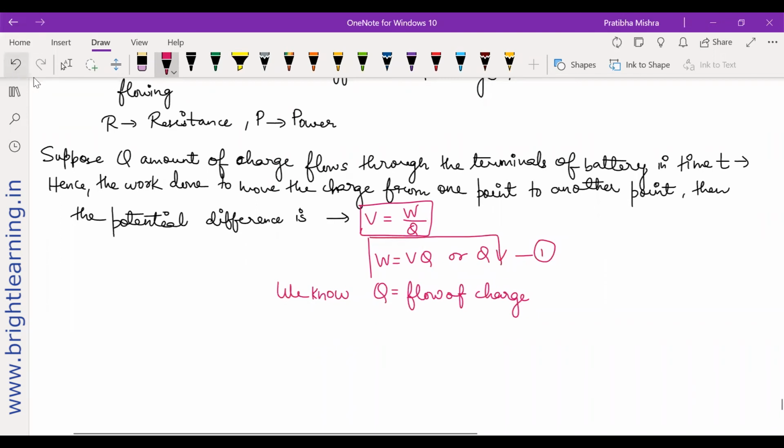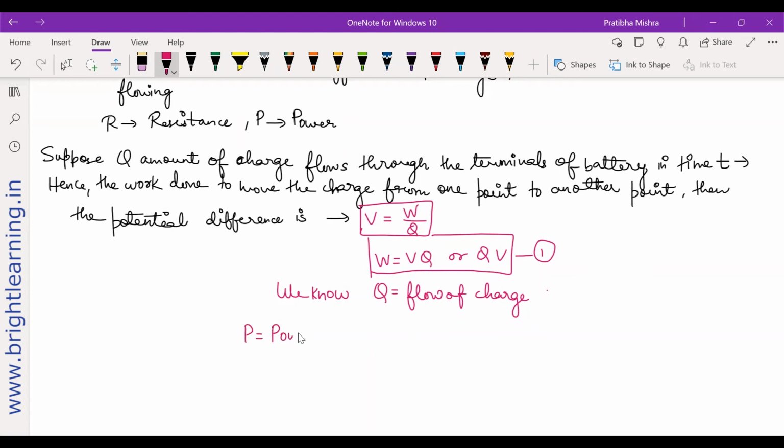So now tell me what happens after this. You are doing some work in moving the charge, which is equal to VQ, right? Now, let me tell you what is the work done in some time. Work done in time is known as power.